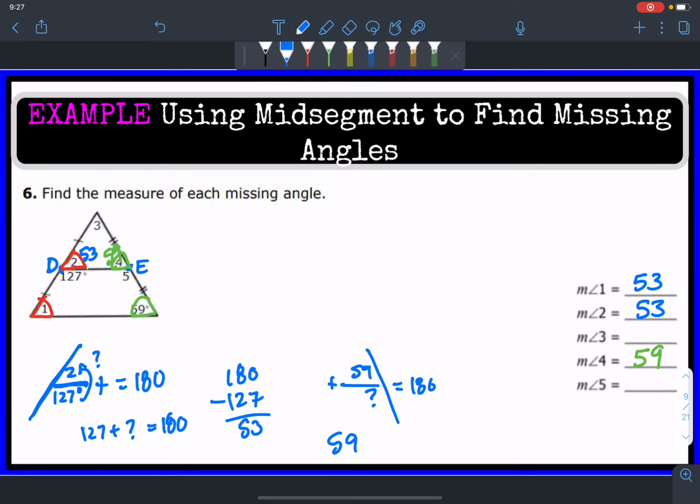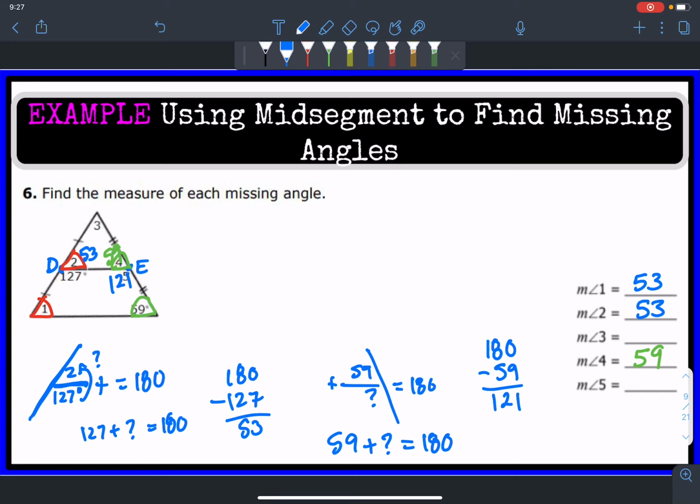So 59 plus whatever that obtuse angle is has to equal a total of 180. So again, these two adjacent angles are supplementary. They are a linear pair. So subtracting 180 by 59, we end up with a total of 121. Yes, 121. So the measurement of this angle is 121.